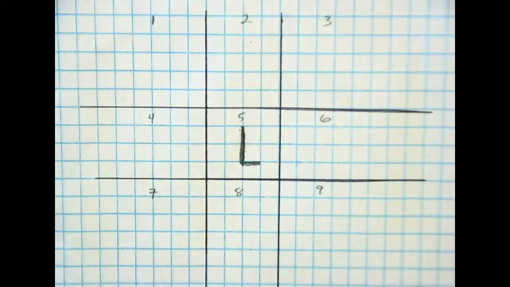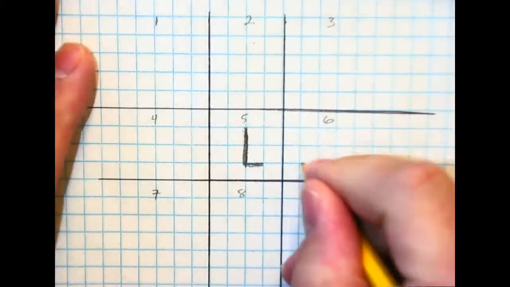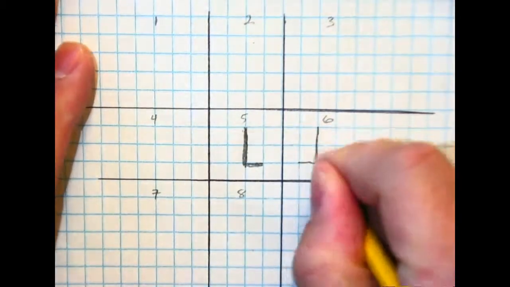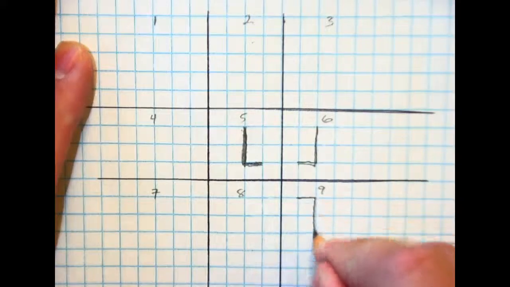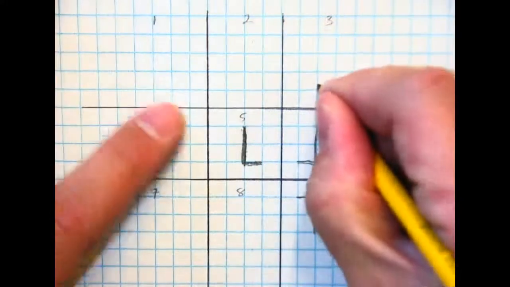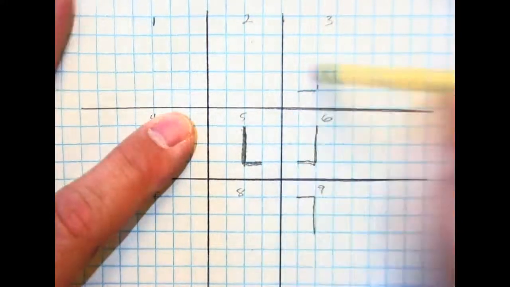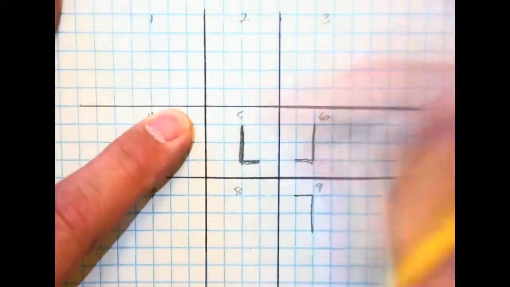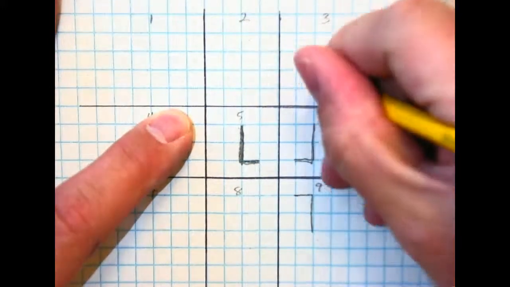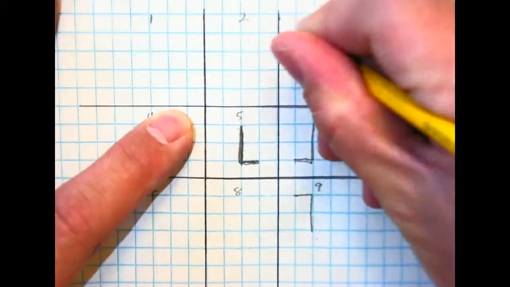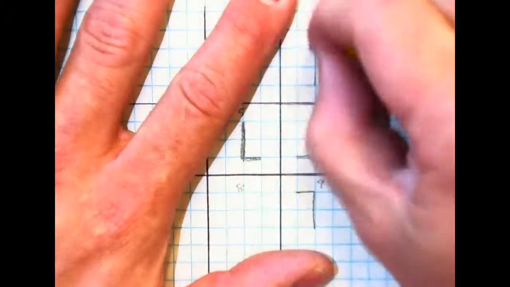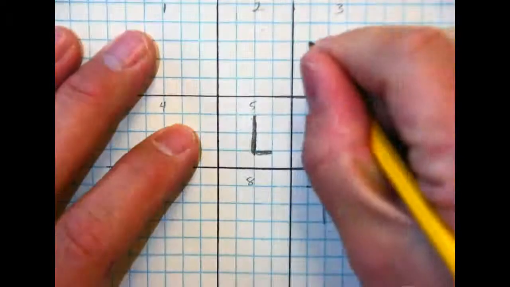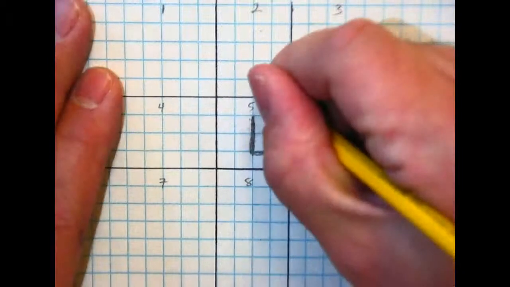Here we go. Now that you've reflected your L across, I've got my L there, and then I've got this L here, and then this guy. My apologies. There we go. That guy there. Too big. Thank you. All right.